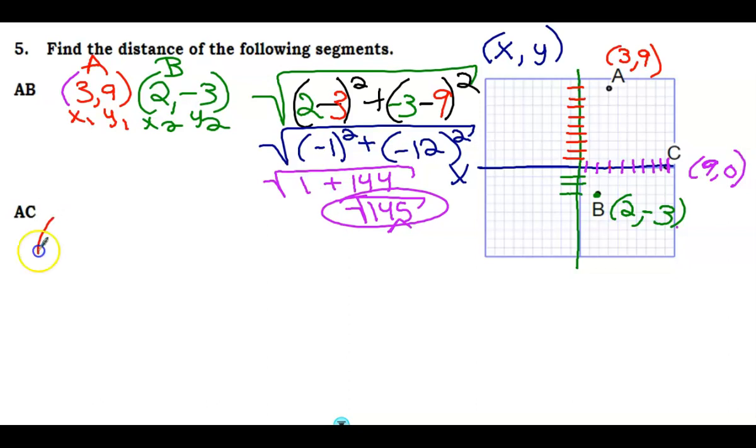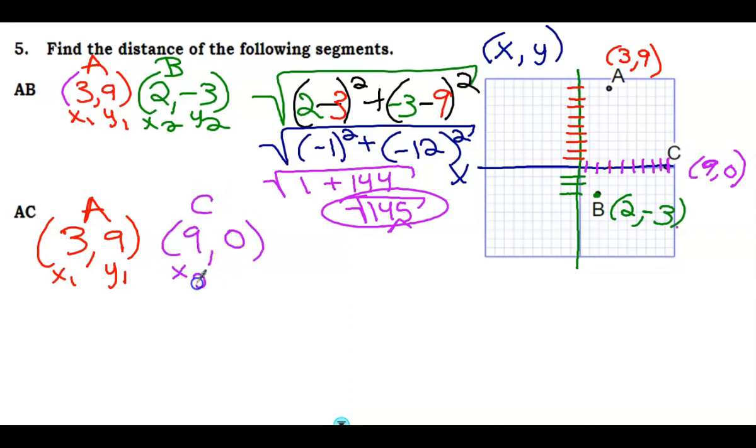Now let's do AC. We can go a little bit faster now. So A is 3, 9, x1, y1, and my C is 9, 0, x2, y2. So I'm going to set it up, and you guys can finish it up. So my x values are 9 minus 3.